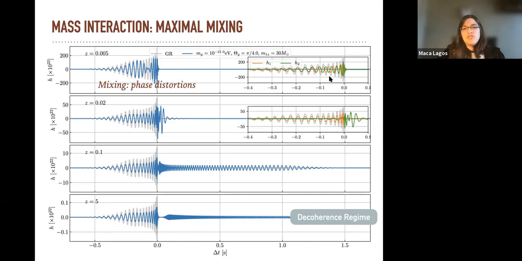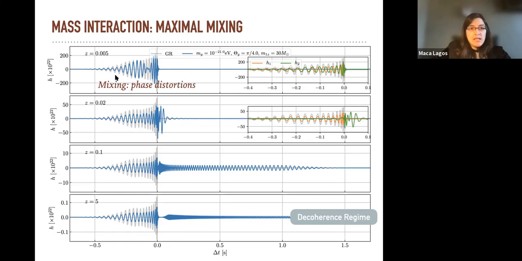So the phase shift changes across the signal. And for example, in this region, it looks like both propagating modes are in phase, so they interfere constructively. But in other regions, like here or here, they are out of phase and interfere destructively, and that's why you get these dips in the amplitude, this kind of suppression in these regions.